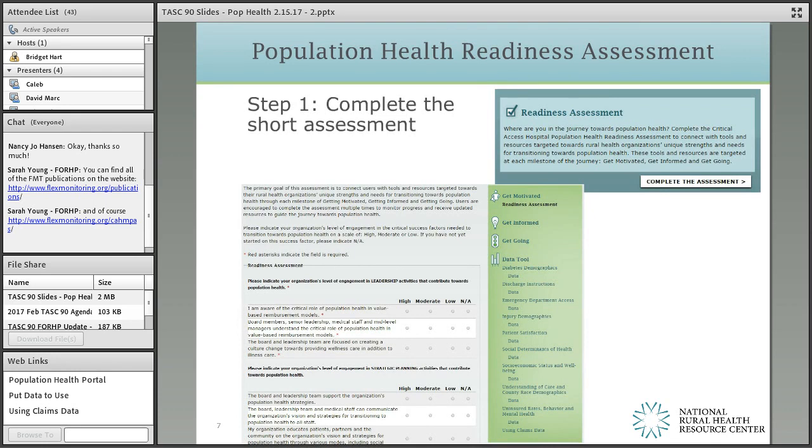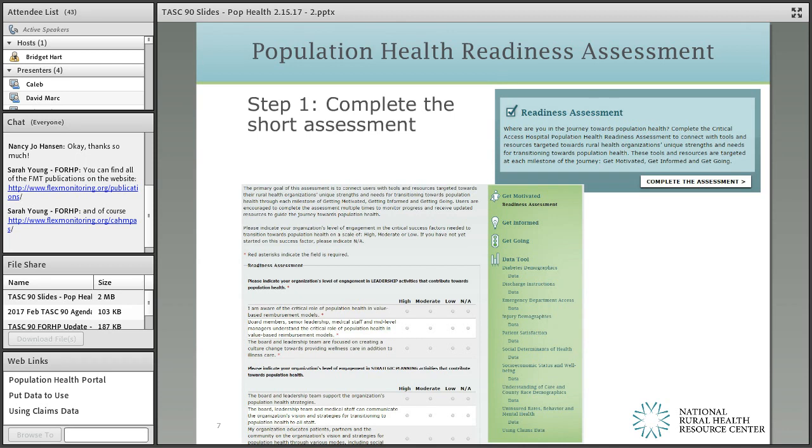And then we have 9 different data scenarios with publicly available data, and the scenarios are specific around population health analysis. And then we've added the claims tutorial through a YouTube video, and David will be demonstrating that today.